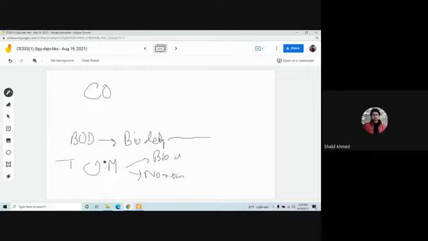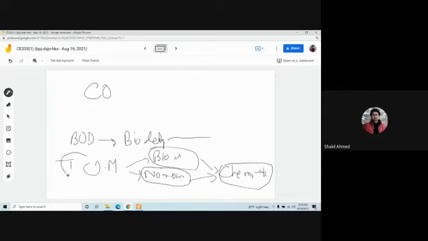So how do you calculate this? The portion which is not biodegradable, as well as the biodegradable portion, can both be oxidized using chemicals. Clear? A strong oxidizing agent like potassium permanganate or potassium dichromate. If you can oxidize almost all of them by a chemical oxidizing agent, then you can calculate the total organic matter, and that is called COD.